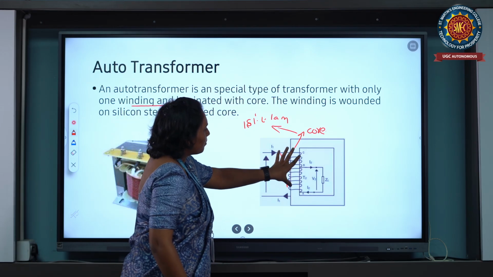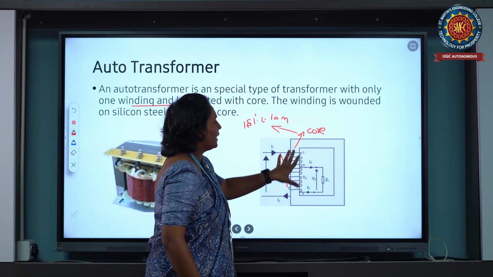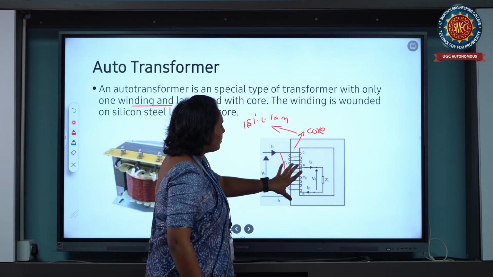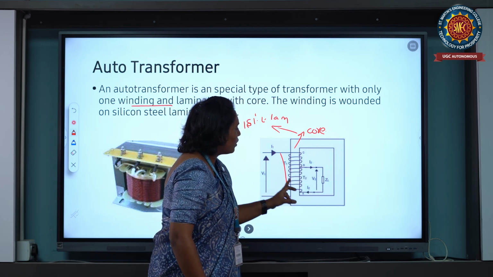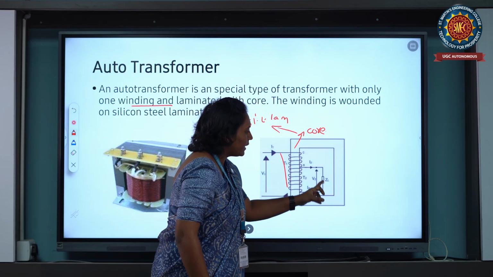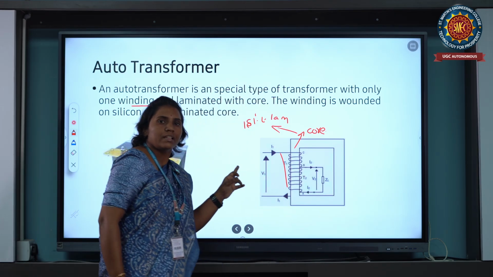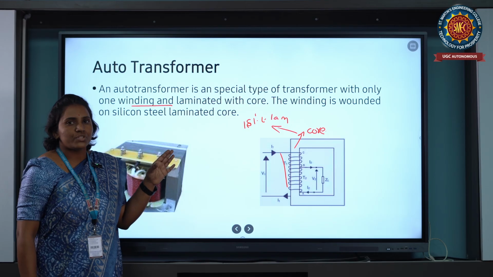Some part of the winding acts as the primary and some part acts as the secondary. On the secondary side of the auto transformer we connect the load. This works according to mutual induction.